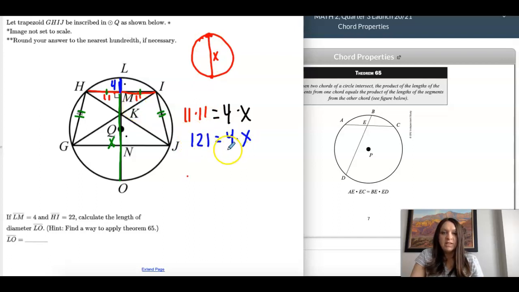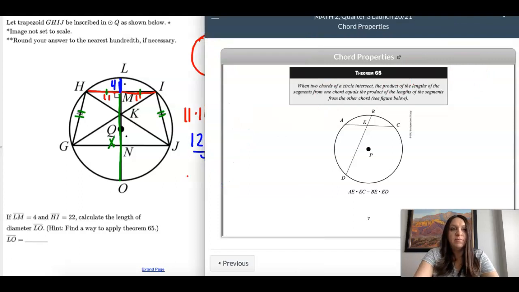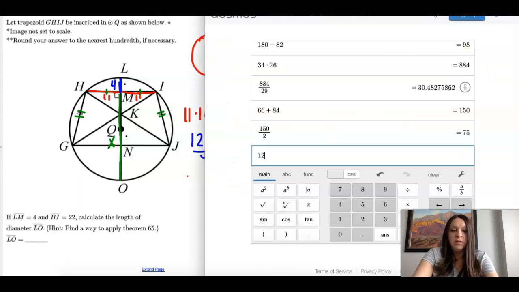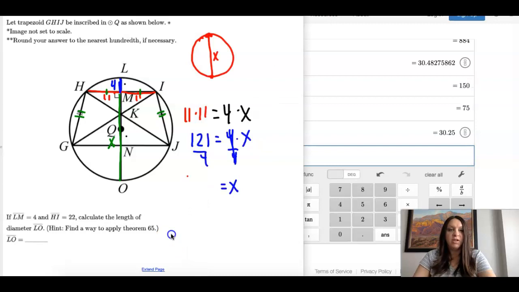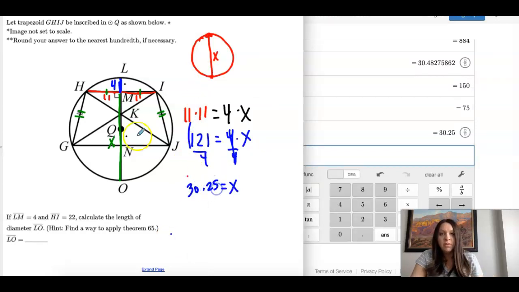To find the x length, we're going to divide both sides by 4. So 121 divided by 4 is 30.25. So what we just found out is we already knew that we had a little section of 4.